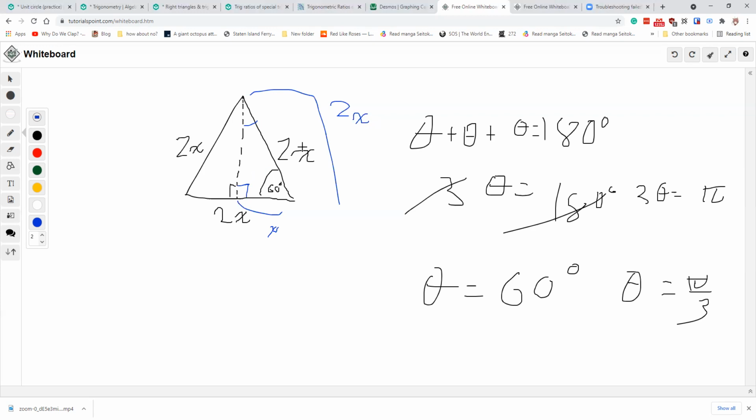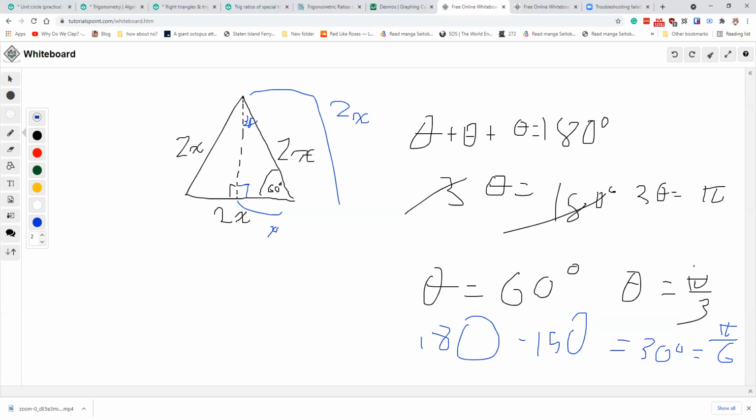And so 90 plus 60 is 150, and 180 minus 150 is equal to 30 degrees. 30 degrees is also equal to pi over 3 divided by 2, so in radians, this is equal to pi over 6. And so we have what we call a 30, 60, 90 right triangle.